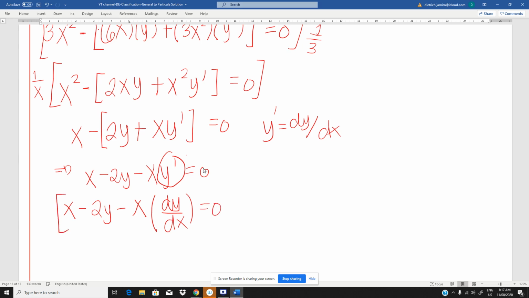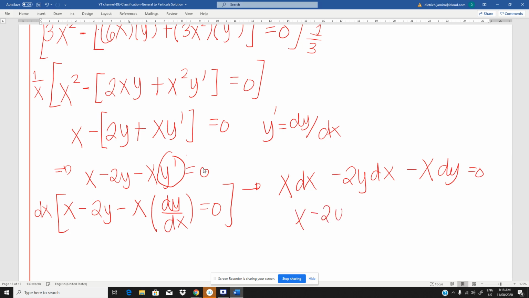Then I'll multiply both sides by dx. So we will have x dx minus 2y dx minus x dy equal to 0. Simplifying further, we will have the quantity x minus 2y times dx minus x dy is equal to 0. So that's our final answer.